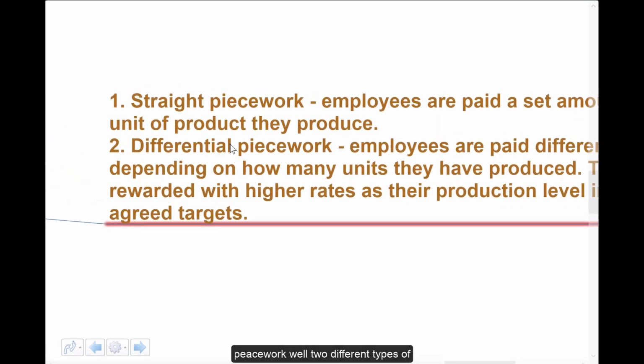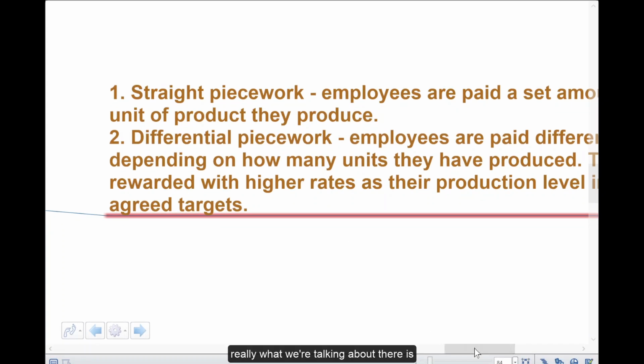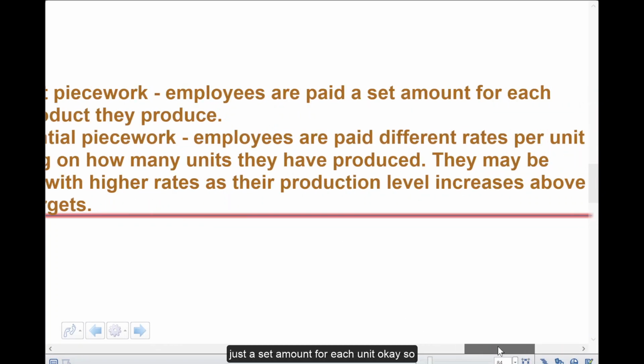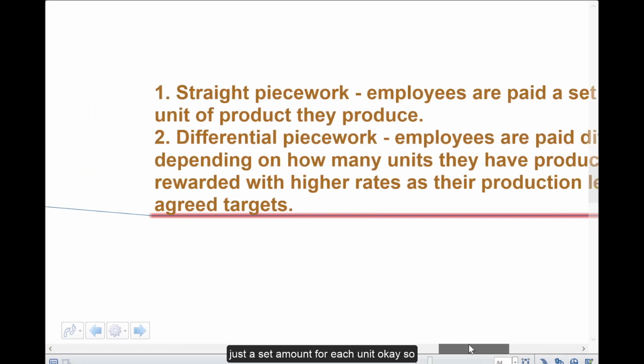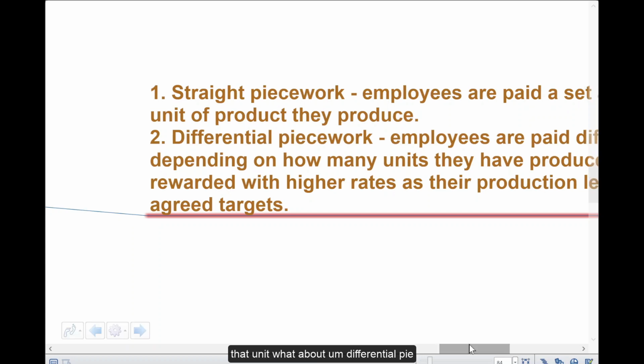Well, two different types of piecework. Firstly, straight piecework. So really what we're talking about there is just a set amount for each unit. So you produce 10 units, you get an amount, a rate in effect associated with that unit. What about differential piecework?